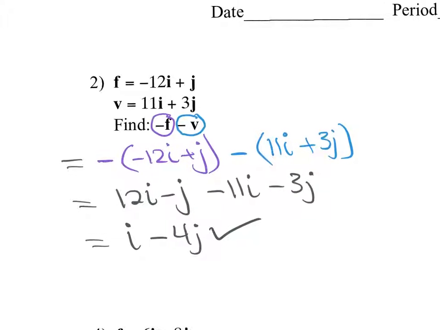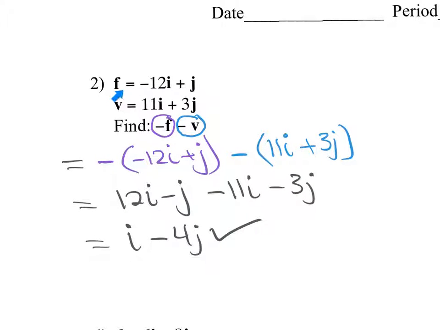Alright, number 2, we have vector F written in a linear combination form, -12i plus j, and vector V is 11i plus 3j, and we're asked to find -F minus V. So we take the negative and put it in front of vector F, and minus, and then we have vector V here.